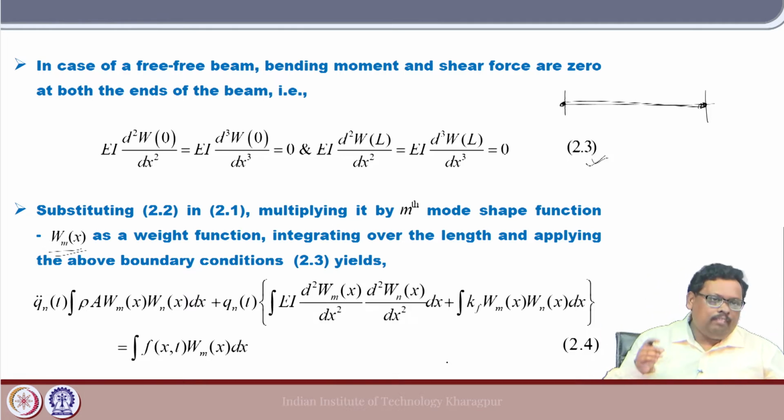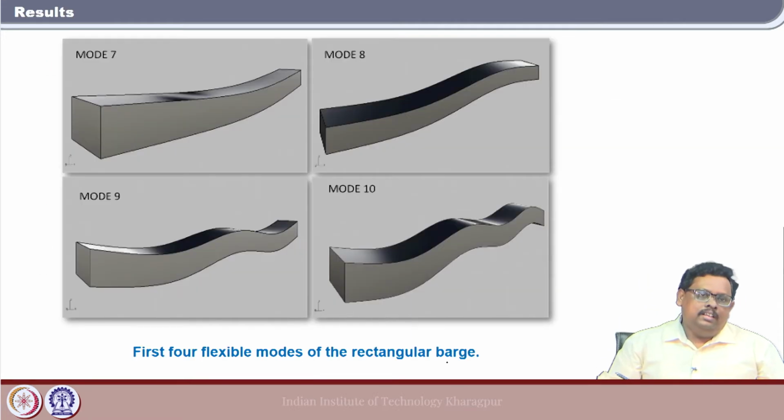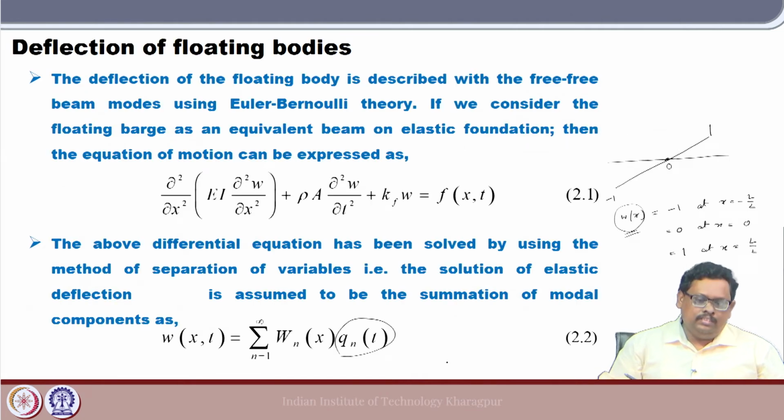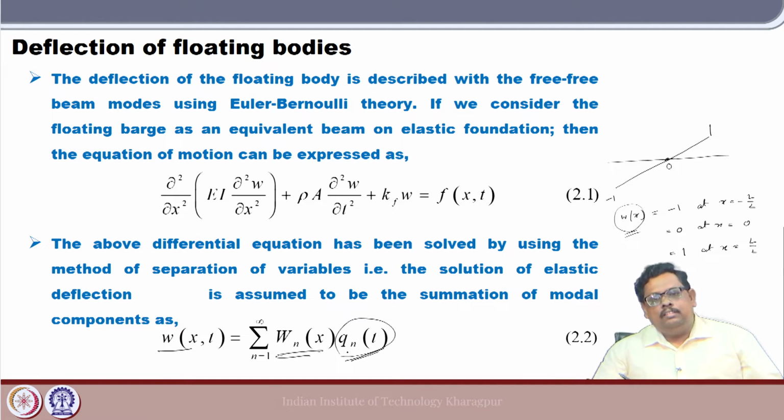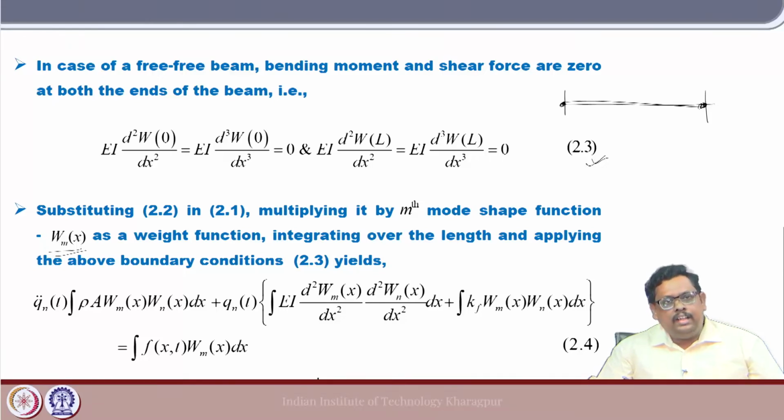Anyways, now what we are going to do is define my total deflection W(x), which is nothing but the mode shape multiplied by the amplitude. We substitute that here and then we integrate along L. Then we can get this equation 2.4.